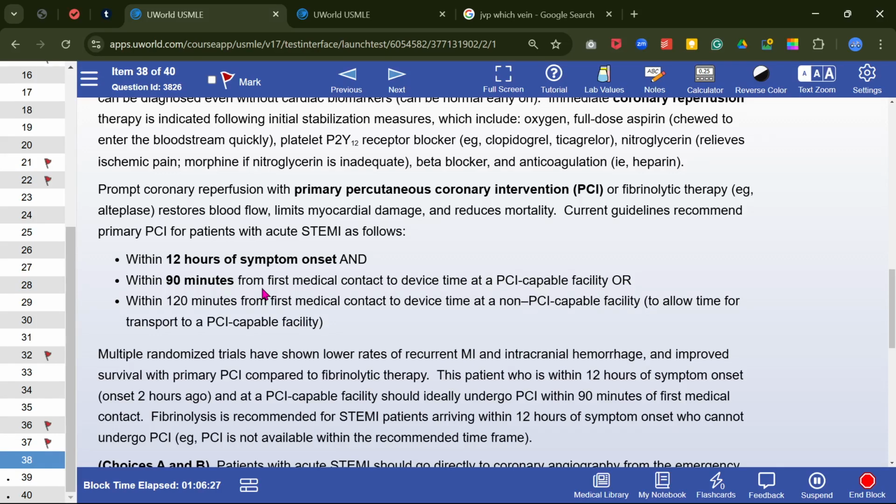In Bangladesh, it is not like that. In Bangladesh, it is very hard to do PCI. We actually do post PCI. My father had a non-ST elevated MI, so we did PCI, not primary PCI. We did post PCI because in non-ST elevated MI you actually don't need immediate PCI. So I admitted my father and gave low molecular weight heparin, an anticoagulant, for a week.